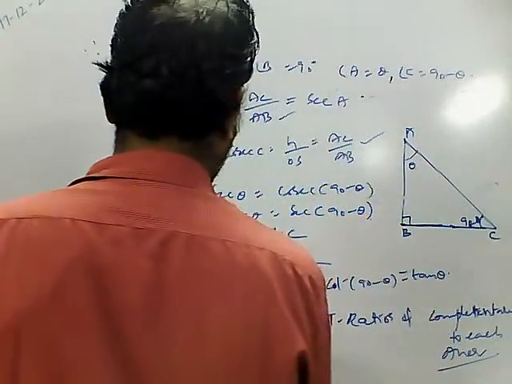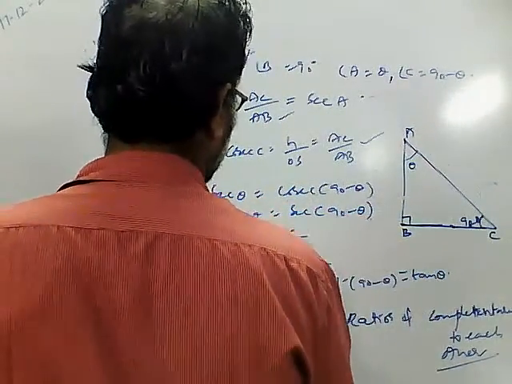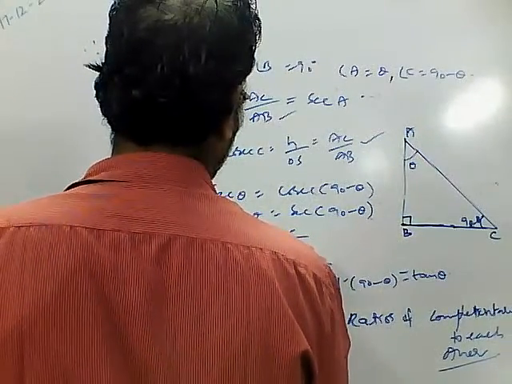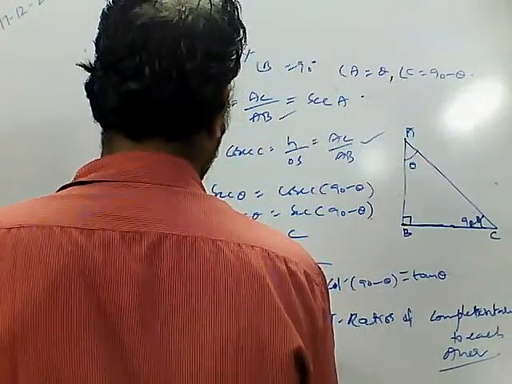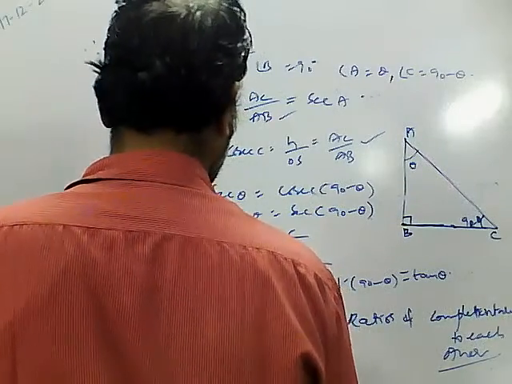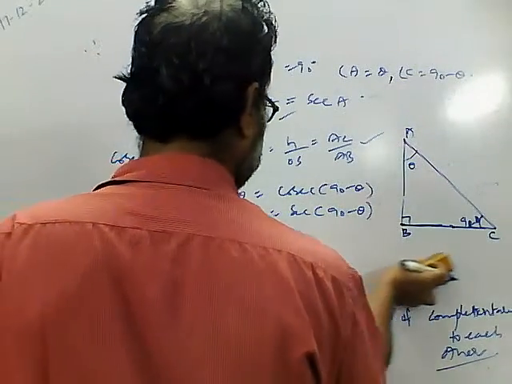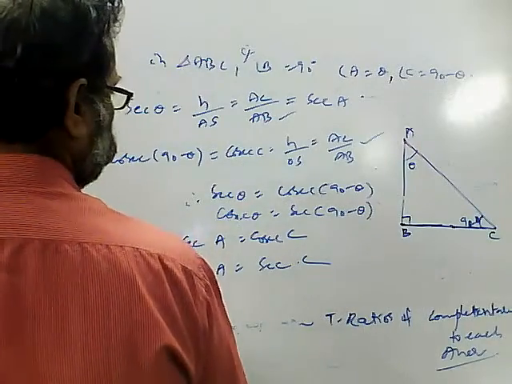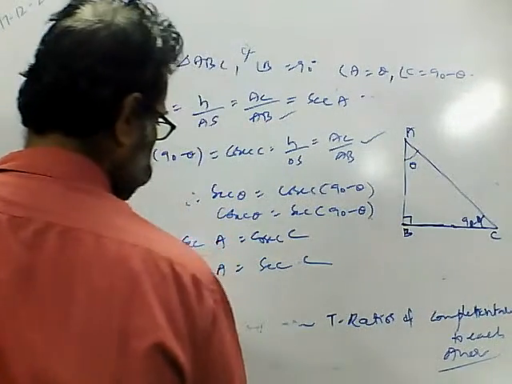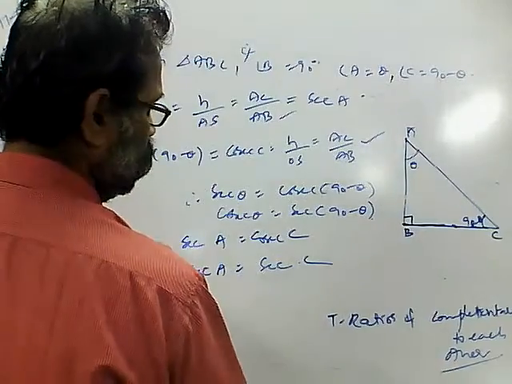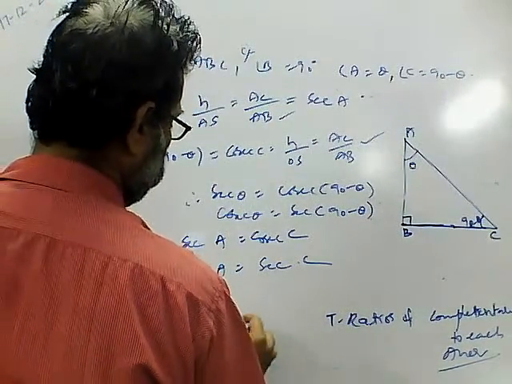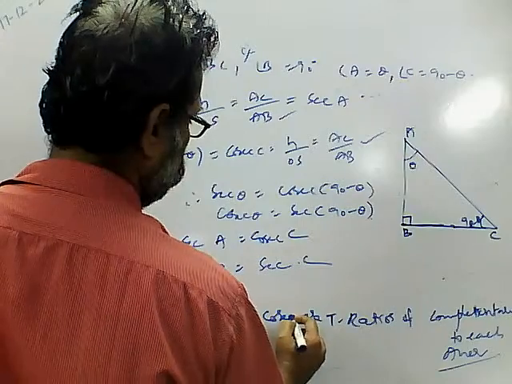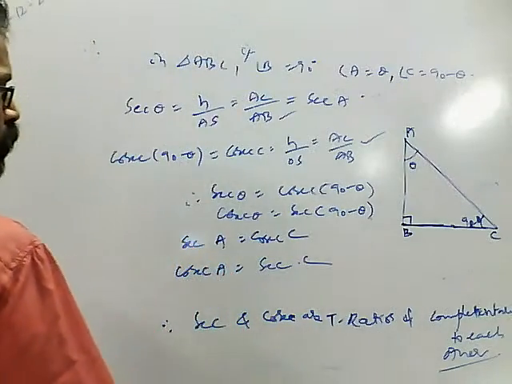So, secant A is equal to cosecant C. Cosecant A is equal to secant C. Therefore, secant and cosecant are T ratios complementary to each other.